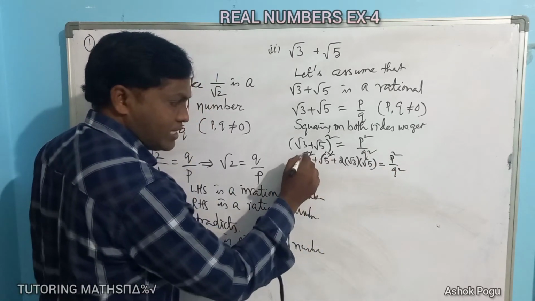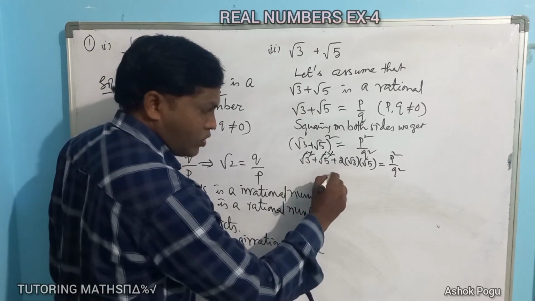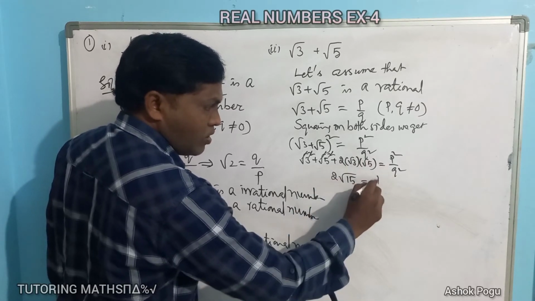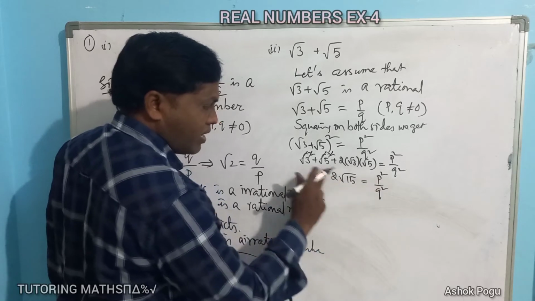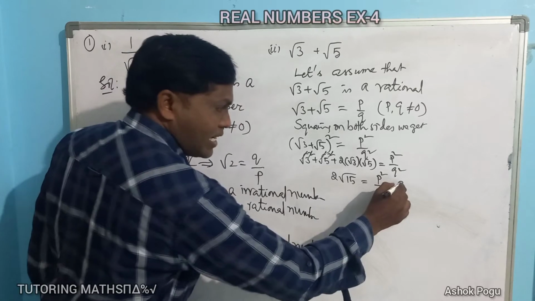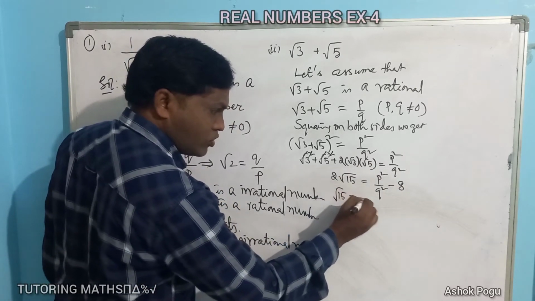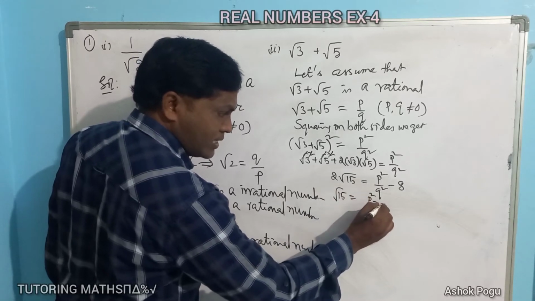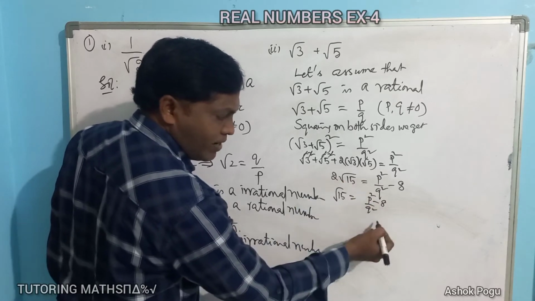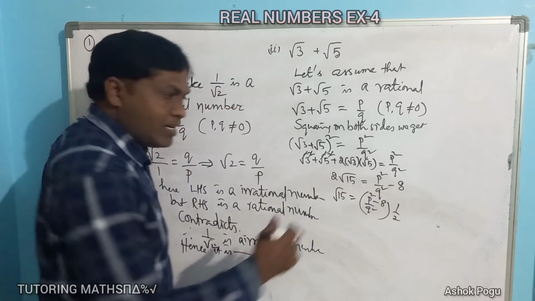Now this gets cancelled, and 3 plus 5 is 8, and finally 2 root 3 times 5 is 2 root 15. 2 root 15 is equal to p square by q square, and 3 plus 5 is 8, shifted to the right side, we get minus 8. Isn't it? Okay. Now root 15 is equal to p square by q square minus 8 whole divided by 2. 2 is shifted to the right side, we get it in the denominator.